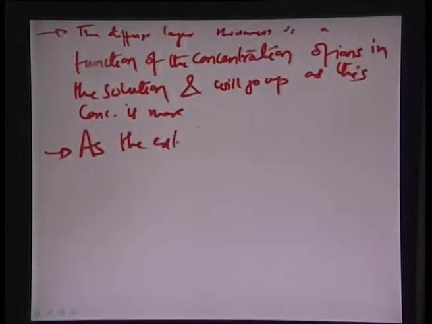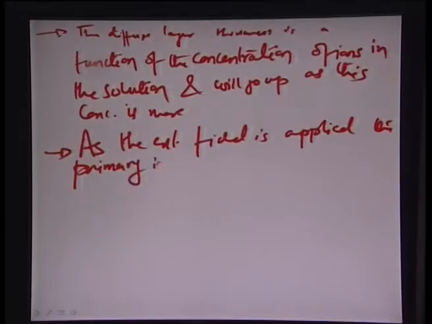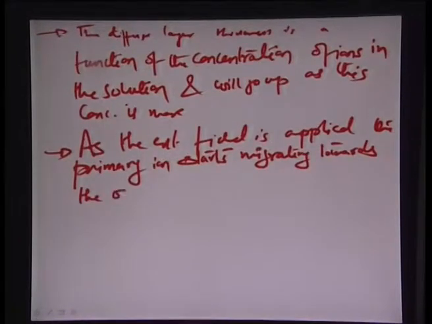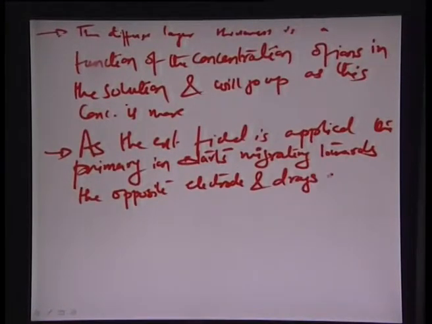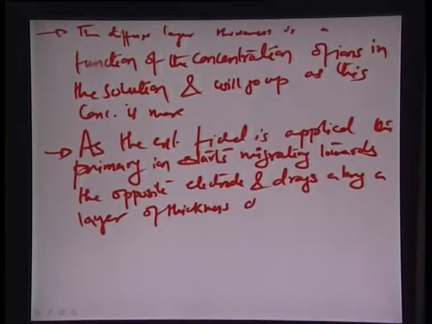So, as the external field is applied, the primary ion starts migrating towards the opposite electrode and drags along a layer of thickness d.